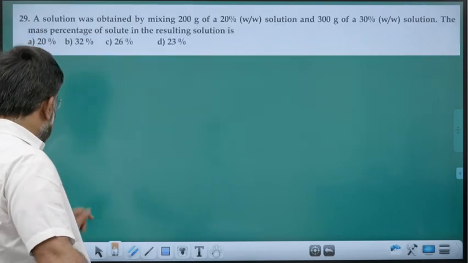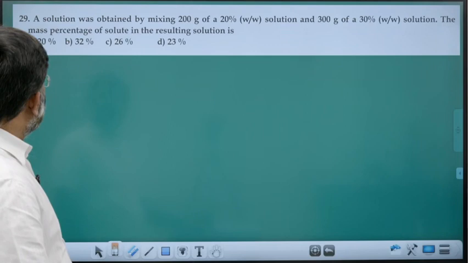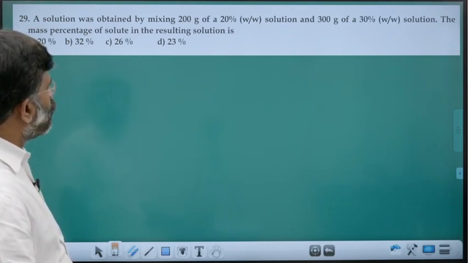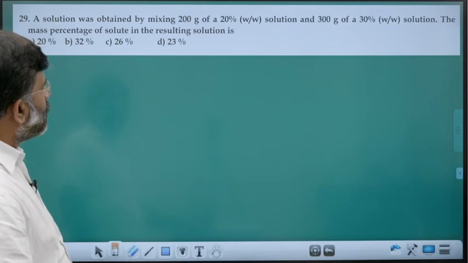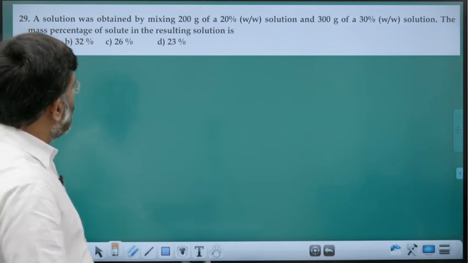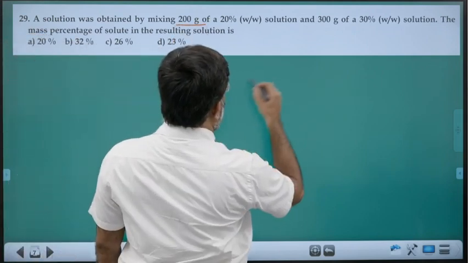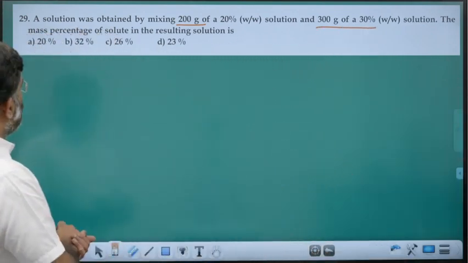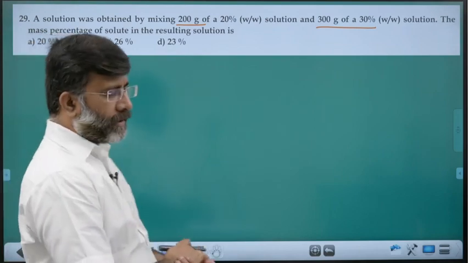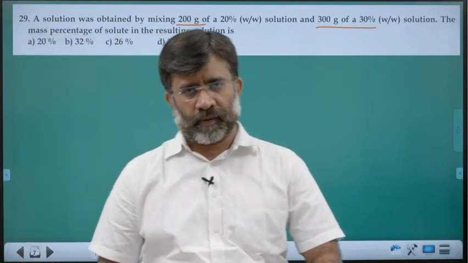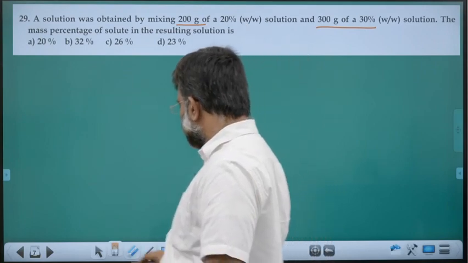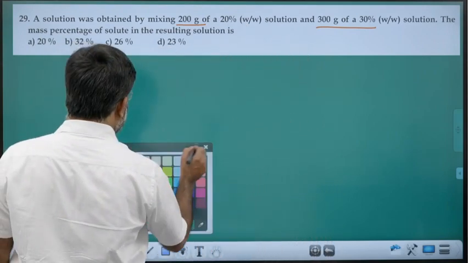Next. A solution was obtained by mixing 200 gram of 20% solution and 300 gram of 30% solution. The mass percentage of solute in the resulting solution is? See, 200 gram 20% means, what is the mass of solute?